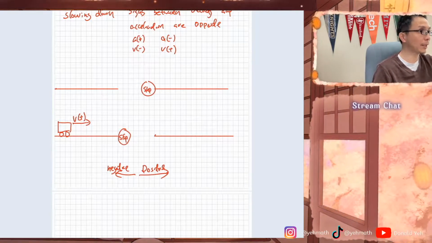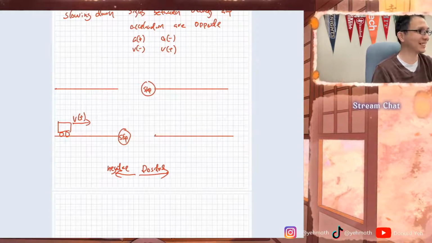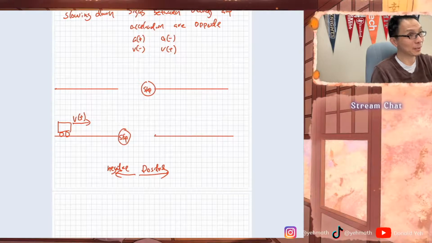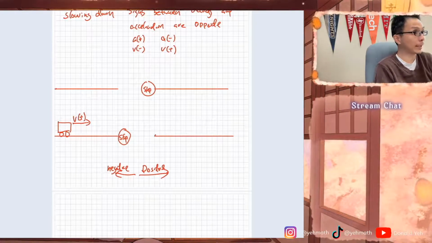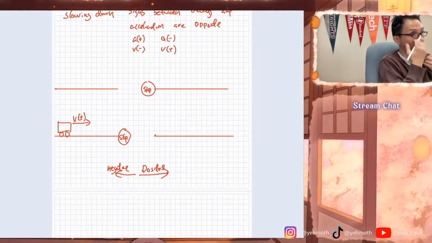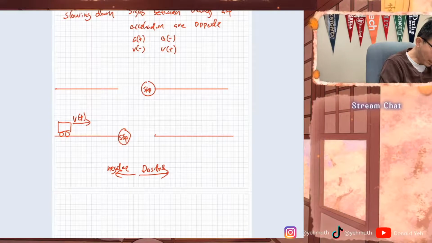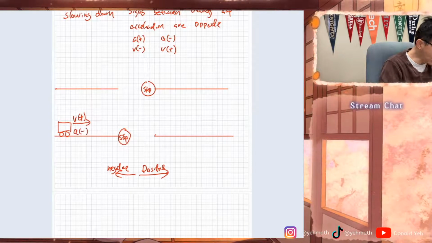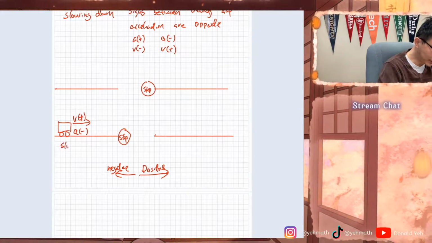You don't press the gas. The brake is decelerating, so the brake is pulling the car backwards. Does that make sense? So you've got velocity positive and acceleration negative. That's why you're slowing down here.